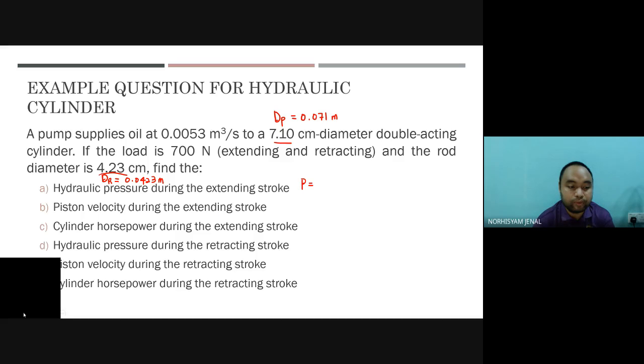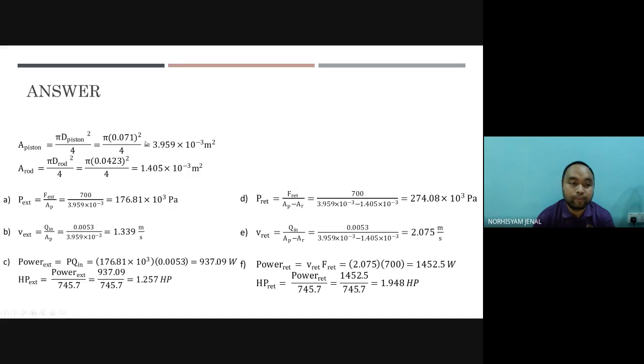Okay, so remember for hydraulic pressure, we want to know about the extending stroke. So first of all, you need to have the equation correctly here. For high pressure during the extending stroke, I have the answer here. First you find out the area of piston, and then the area of the rod here. So P extension is equal to force extension divided by AP.